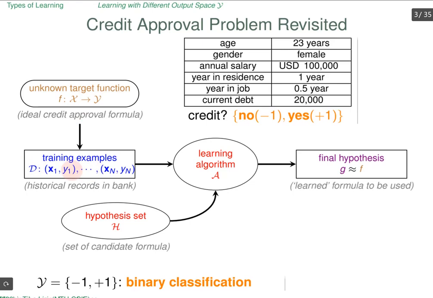So the training examples are the collection of historical records in the bank. X1 vector could correspond to the information from one applicant. Y's here are scalar values. They are either one of these, -1 or +1, okay?